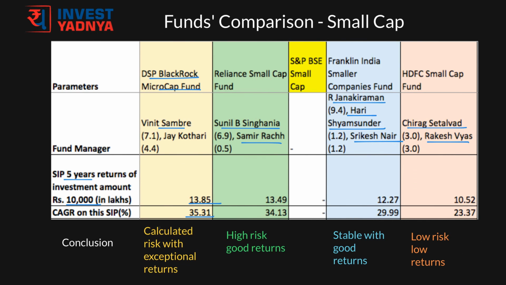In Reliance Small Cap Fund, the value of investment was 13.49 lakh rupees with a CAGR of 34.13%. The value of investment in Franklin India Smaller Companies Fund is 12.27 lakh rupees with a CAGR of 30%. In case of HDFC Small Cap Fund, the value of investment is 10.52 lakh rupees with a CAGR of 23.37%.